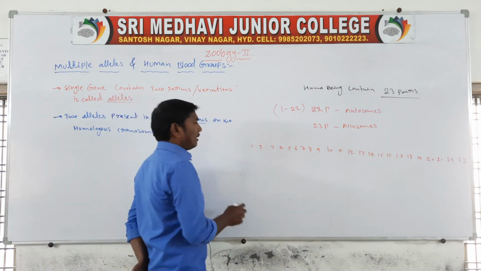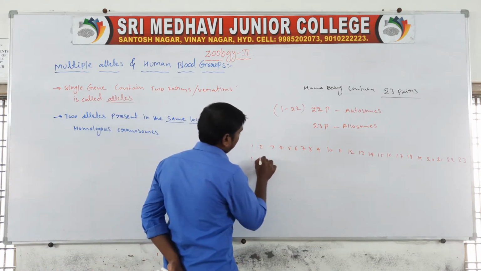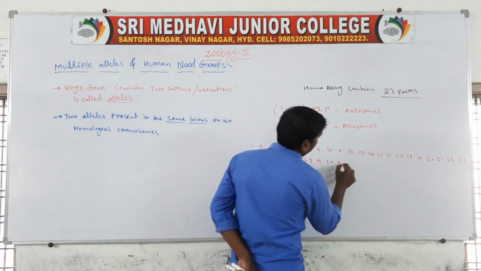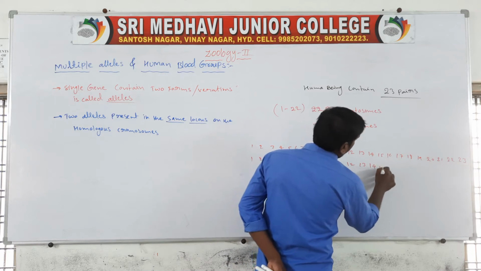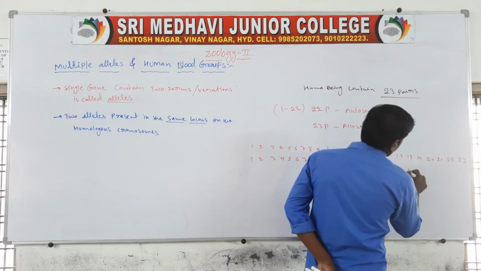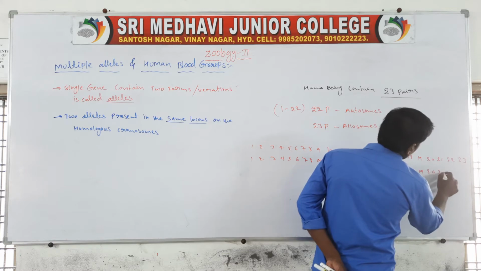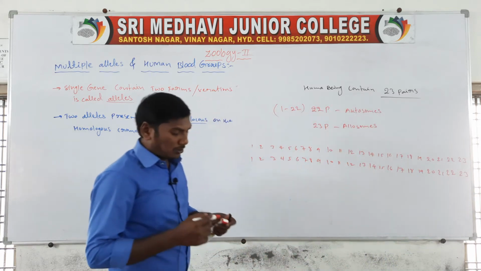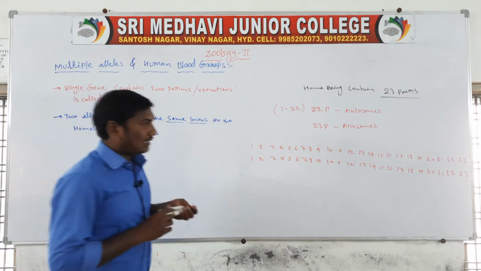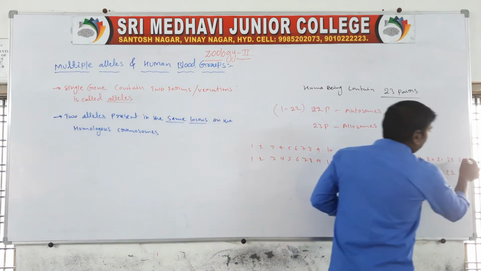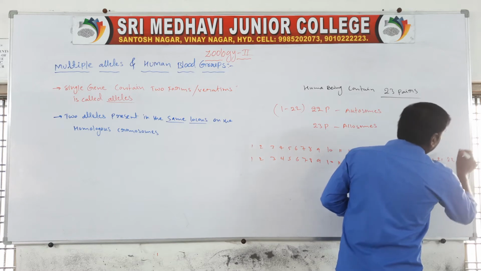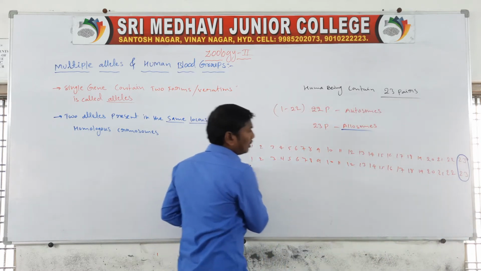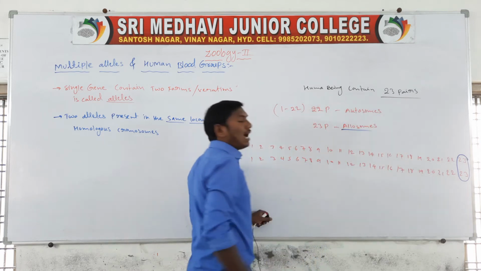Next, another set, 1 to 23. So totally 23 pairs of chromosomes are present in human beings. This last 23rd pair is called allosomes, and the remaining first to 22nd chromosomes are called autosomes.